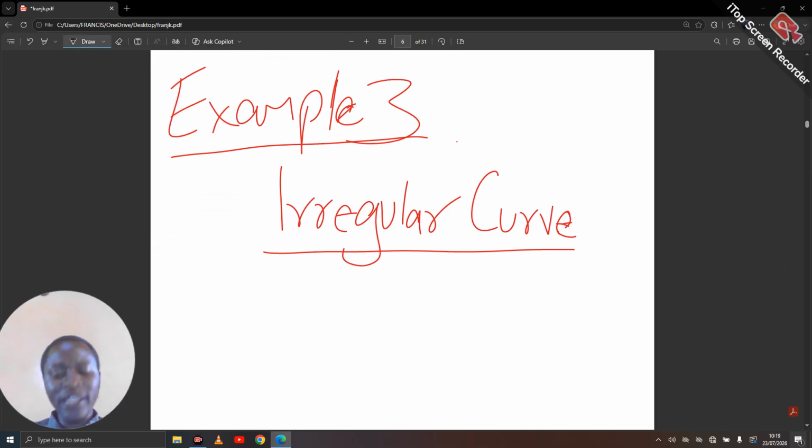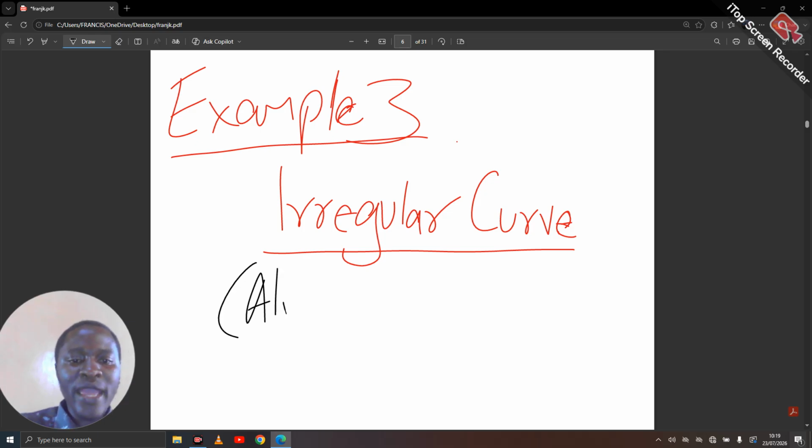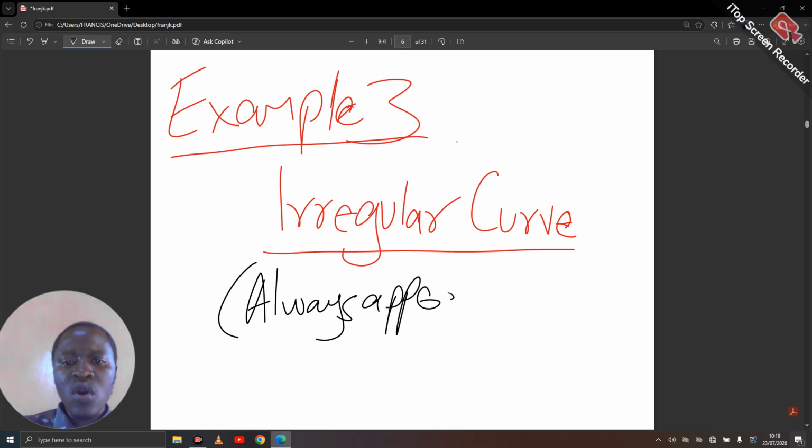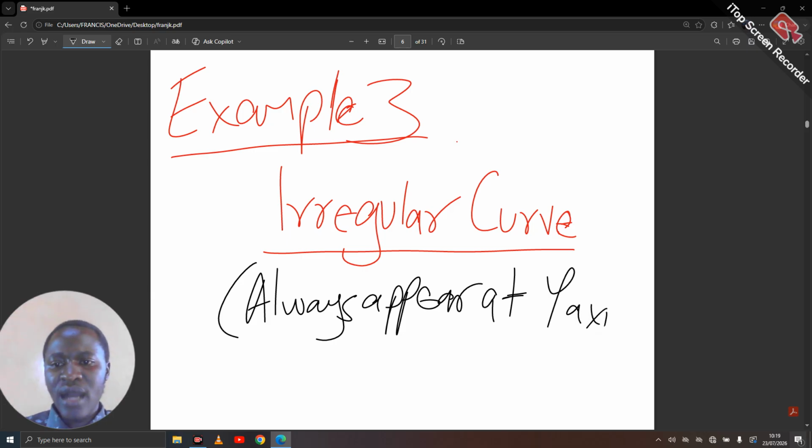In example 3 we are having an irregular curve, and this one always appears at the y-axis. Have you ever seen a graph that appears at the y-axis alone?